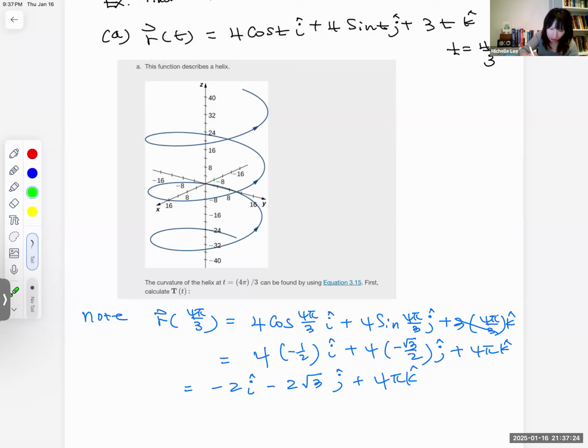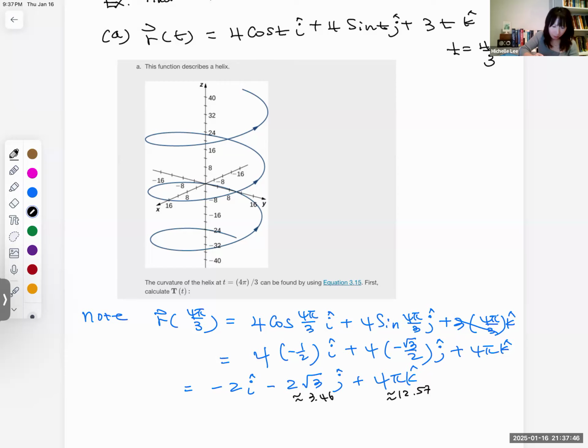So negative 2i, so it's half, negative 2i, and negative 2 square root of 3, negative 2 square root of 3, approximately 3.46, 4 pi approximately 12.57.